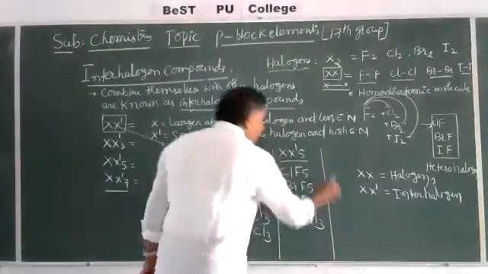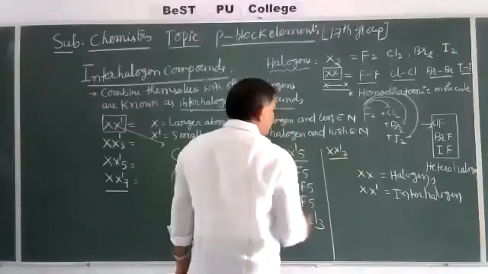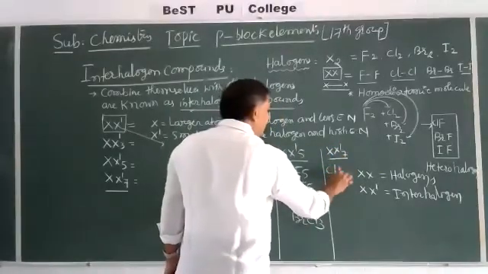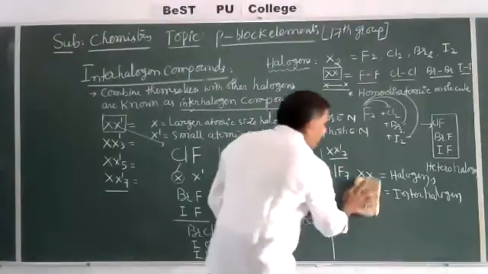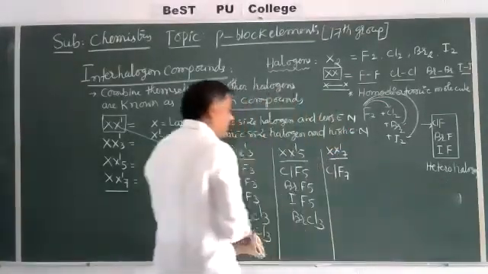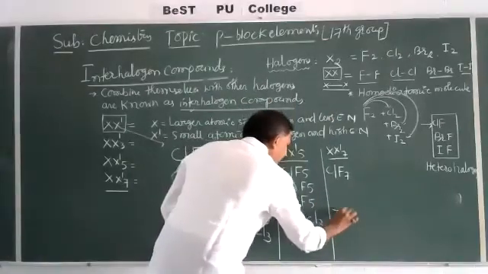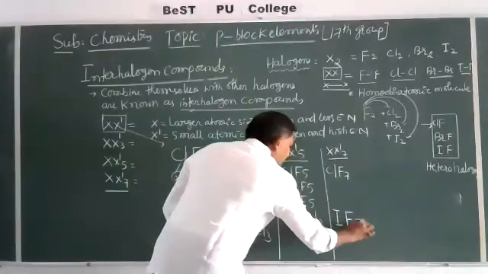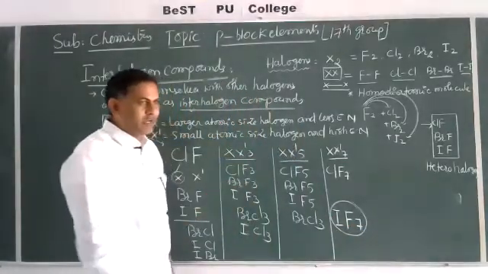Now here generally XX'7, in this case we can take ClF7, like BrF7 and so on, like IF7. Very important. This is IF7.